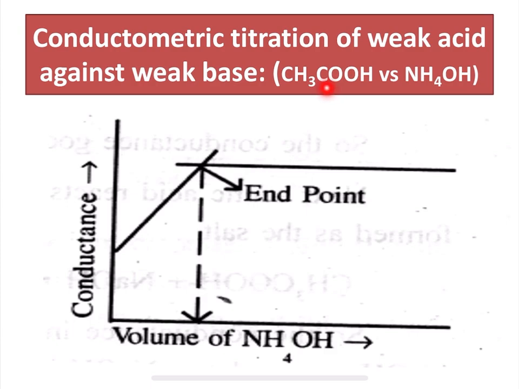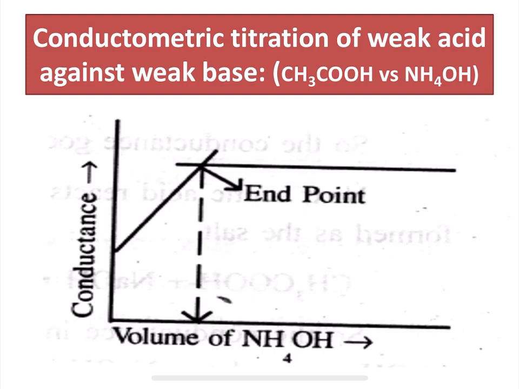The acetic acid dissociates into CH3COO minus and H plus, and the H plus is replaced with NH4. Then we get CH3COONH4, the salt ammonium acetate, which is a strong electrolyte.